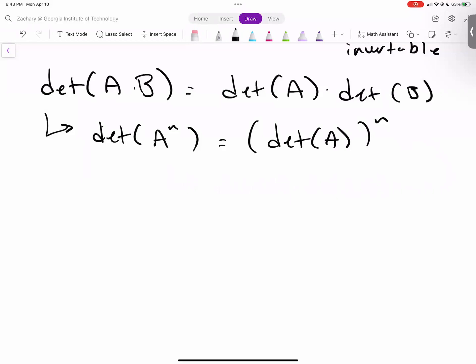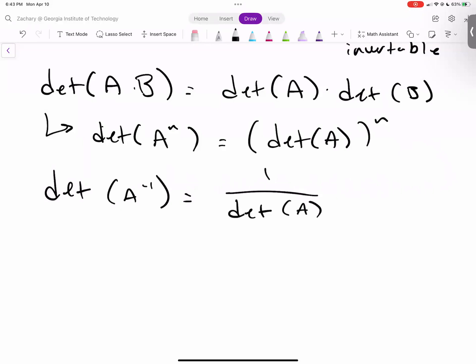Other rules we have: the determinant of A inverse is 1 over the determinant of A. The determinant of A transpose is just the determinant of A. And a transpose is when you flip rows and columns.